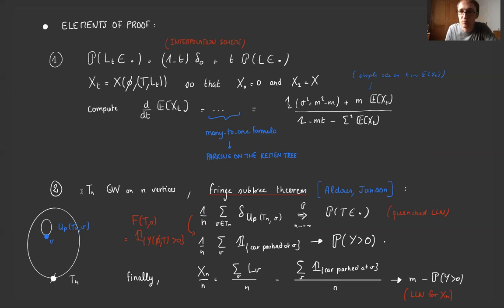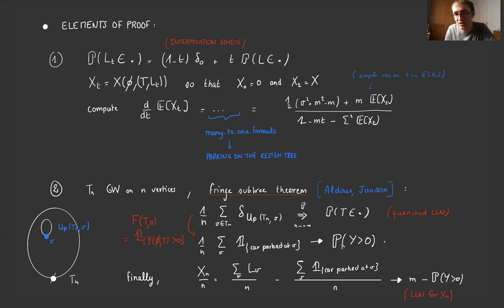As for the second point, it concerns the fringe subtree theorem of Aldous and Janson. Let Tn be a Galton-Watson tree with n vertices. We call Tn^v the subtree of Tn above v and consider the empirical measure of these fringe subtrees, summing over v, and we have convergence in probability towards a deterministic probability measure, the original Galton-Watson measure, integrating against this function f of t, which is the indicator that a car is parked at the root of t.